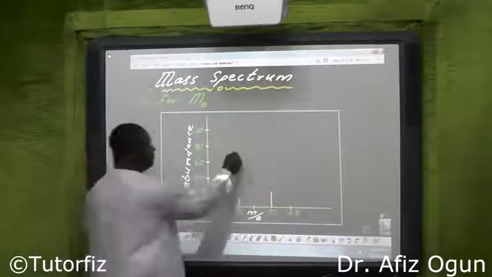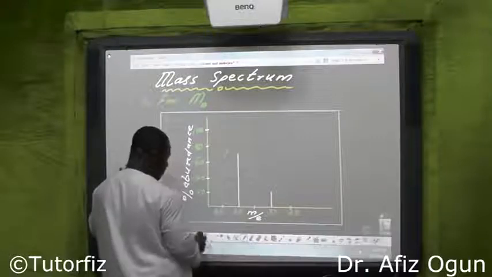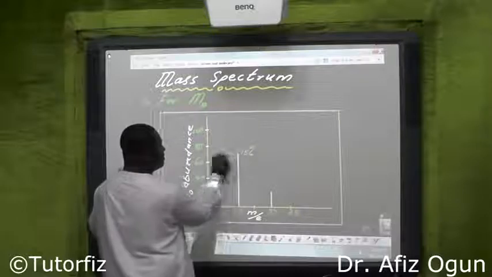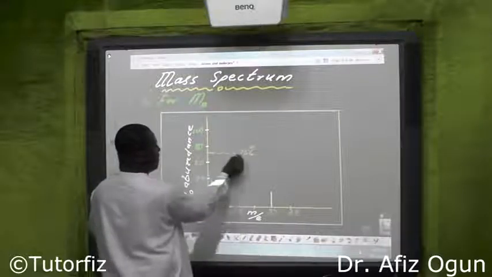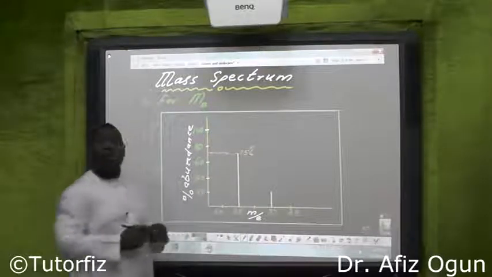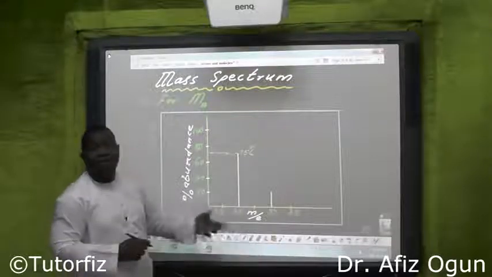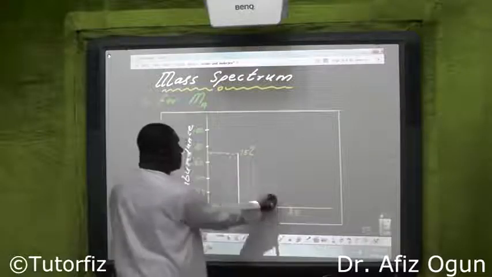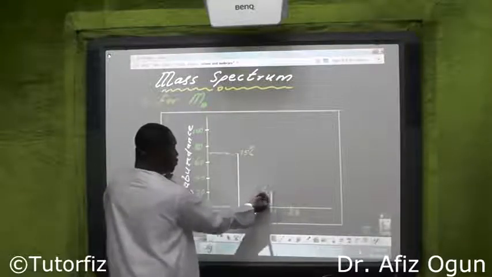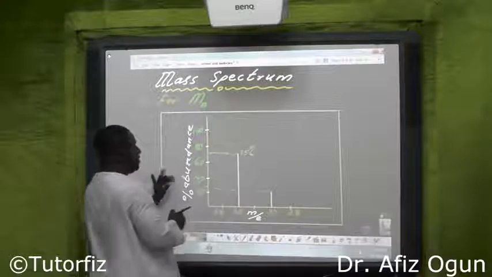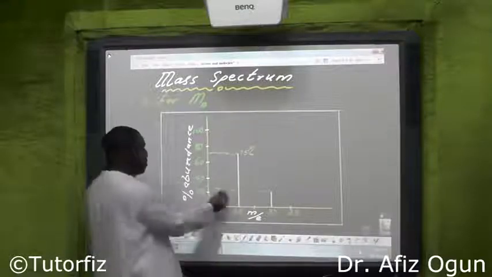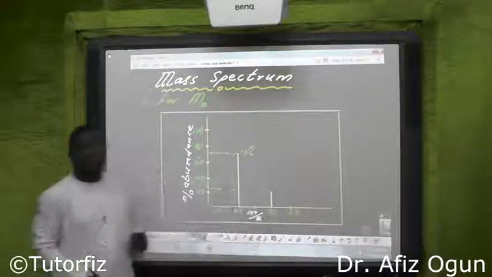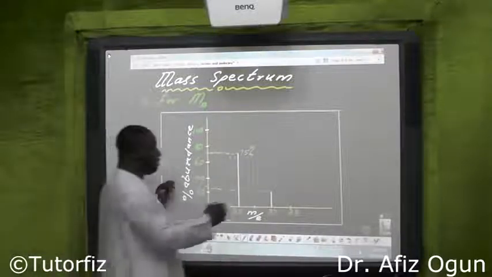About 75% of them, you read it from there, have a mass to charge ratio of 35, and about 25% of it has a mass to charge ratio of 37.